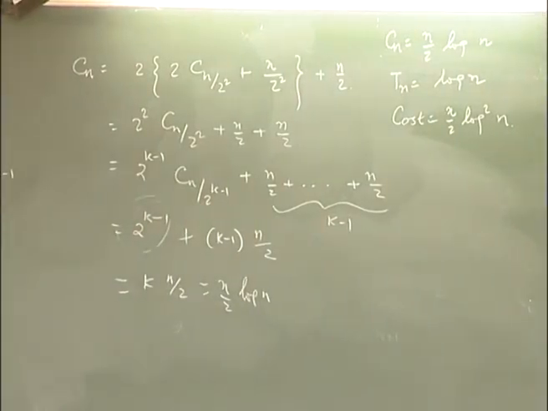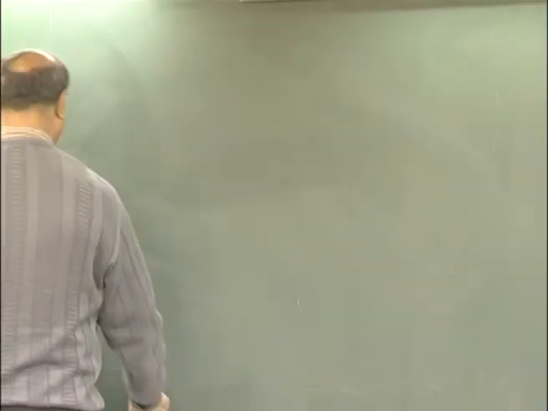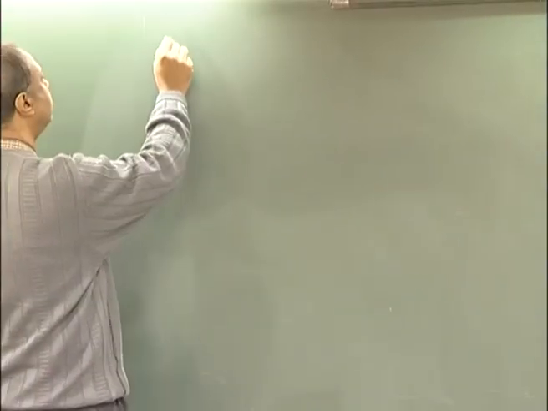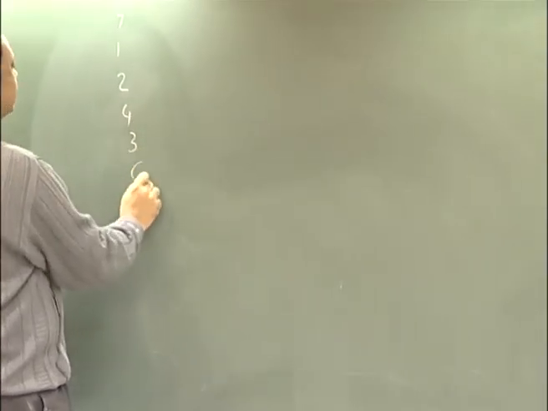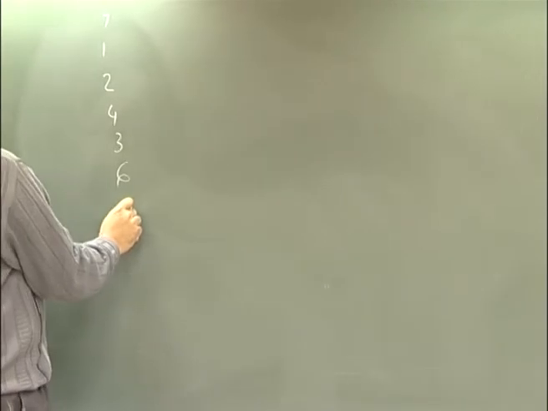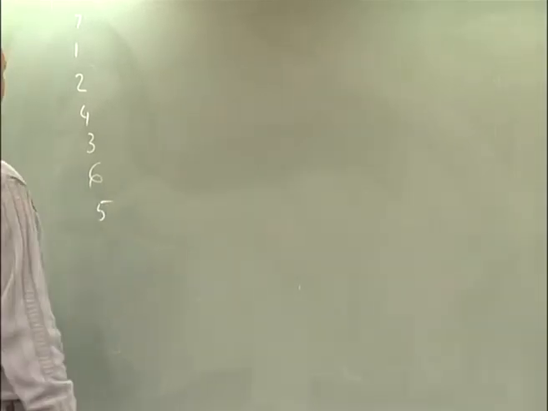One thing you observe is that you must have a bitonic sequence to merge this one. So the sequence must be a bitonic sequence. Now think how can I use this idea to sort arbitrary elements. So let us consider the 8 elements: 7, 1, 2, 4, 3, 6, 5, 8.